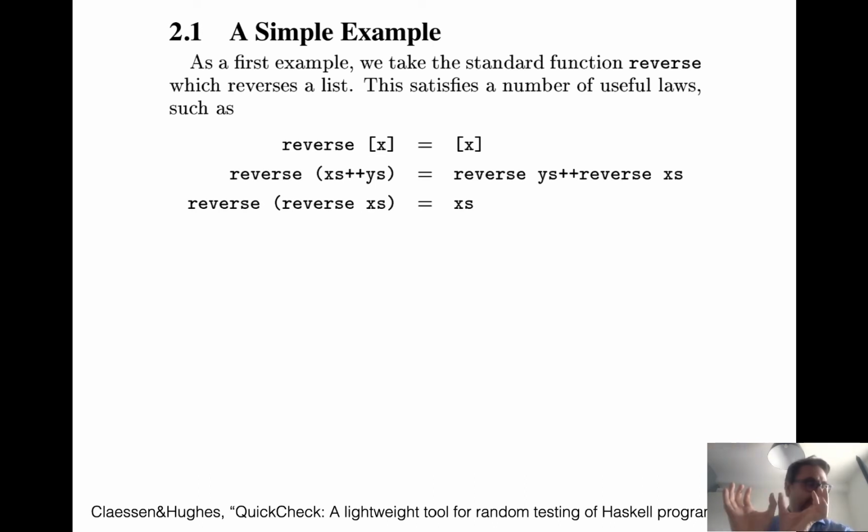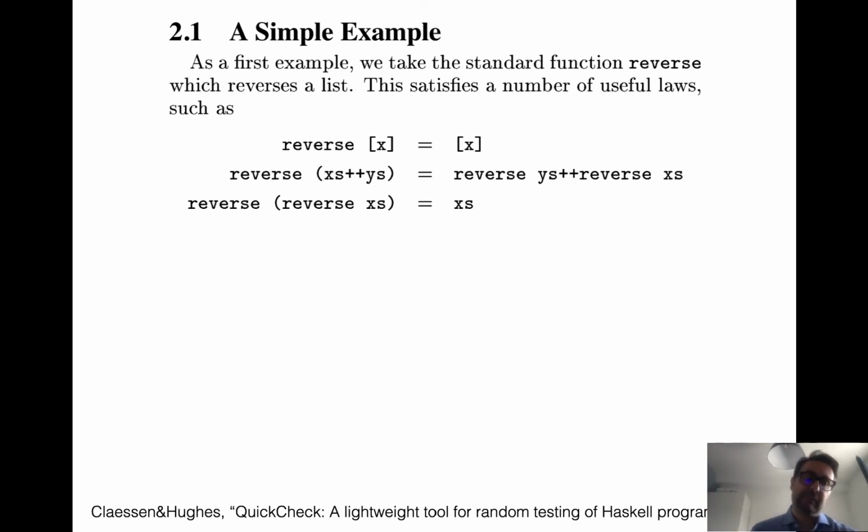If we reverse the whole concatenated sequence, that is the same as, do you see it? The last one in ys will now be the first one in the whole thing. So it's actually the same as reversing them separately and switching the order, right? This is what the second law says, and it should always be true.